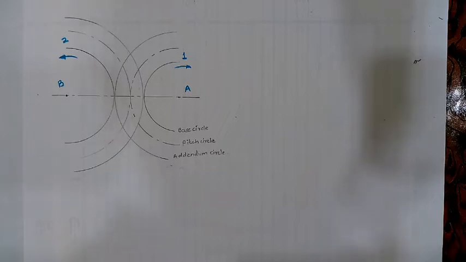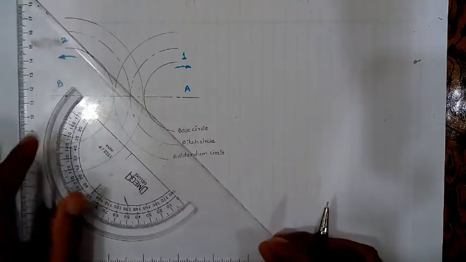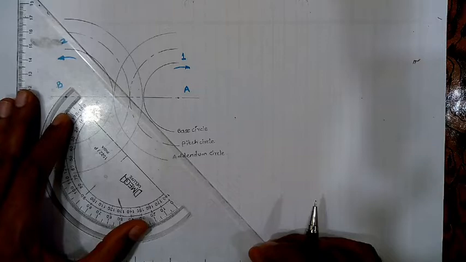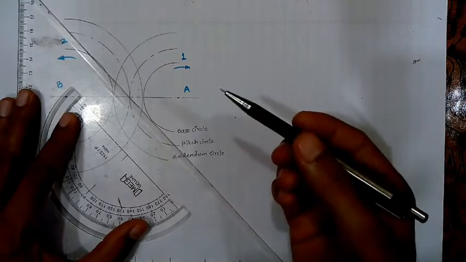Now the next step is to draw a line from the pitch point which is tangent to both the base circles, that is, the base circle of the pinion and the base circle of the gear. So draw a line tangent to both the base circles, and this line will always pass through the pitch point.